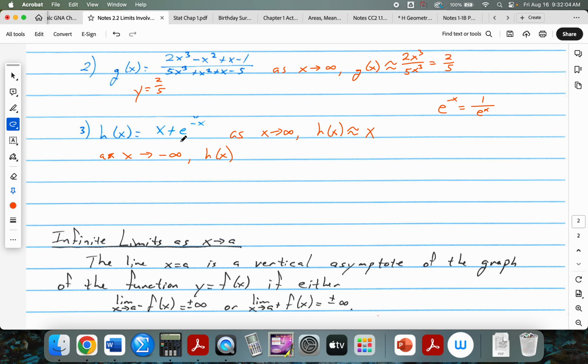Exponential functions beat the crap out of polynomial functions when they get to the end. So h of x is approximately going to be equal to e to the negative x. That's the end behavior model on the left. So the right end behavior model is y equals x. The left end behavior model is y equals e to the negative x. And honestly, no one's ever going to ask you a question like this on the AP exam, but it is a good way to think about infinite limits as what is the behavior model.